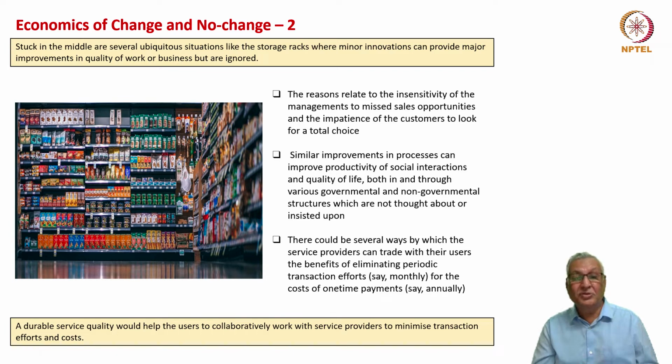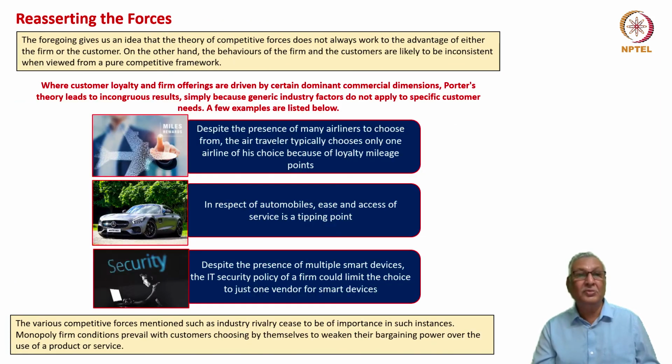What we do in terms of annual purchases of certain digital subscriptions can well be introduced in several retailing experiences as well. A durable and assured service quality would help the users to collaboratively work with service providers to minimize transaction efforts and costs. So how do we reassert these forces?